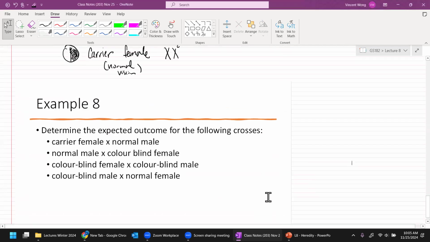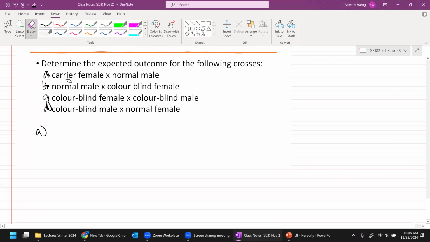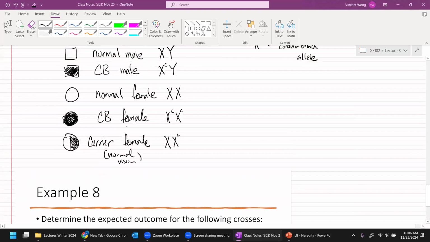Determine the expected outcome of the following crosses. Okay, let's do the first one here. Let's call them A, B, C, D. Let's start with A. Carrier female. How do I write a carrier female? Well, you can take a look at here, right?